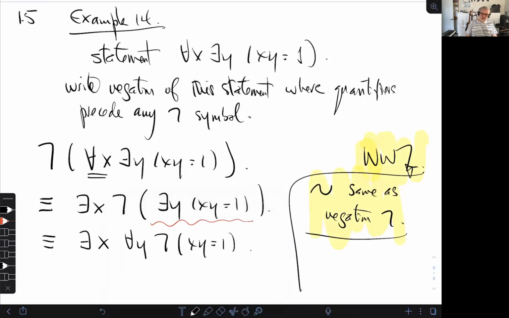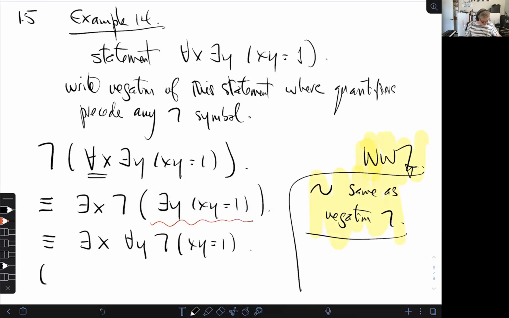So my original statement was for every x there is a y such that xy equals 1. In other words, every real number has an inverse. The negation of this is there is at least one real number that does not have an inverse. That is written exactly the way it is here: there exists an x such that whatever y you choose, y is not the inverse of x. xy will never be equal to 1.